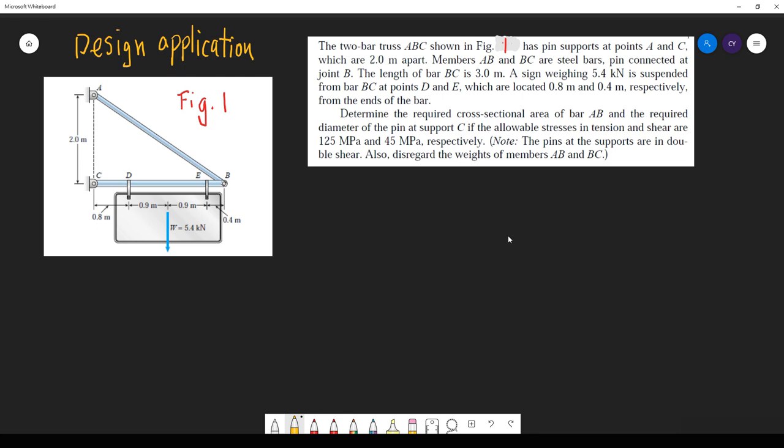In this case, this is a two-bar steel structure, and this is the two bars and the hand plate here.